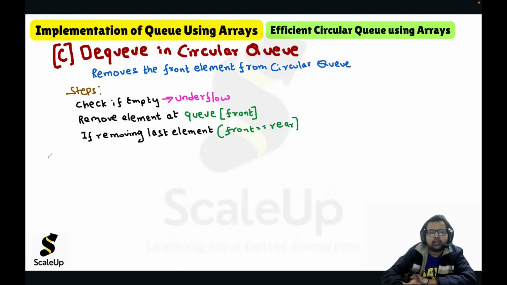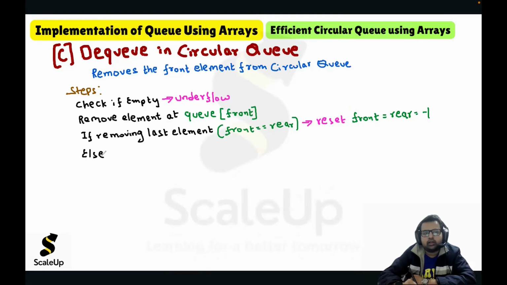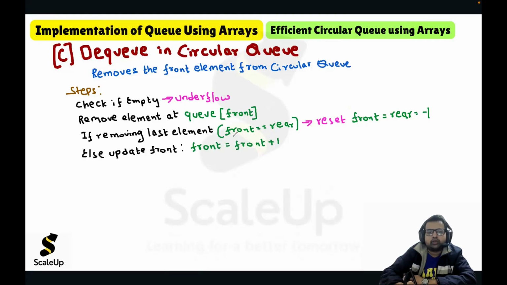And in that scenario, reset both front and rear to -1. Front is equal to rear is equal to minus 1. If you're not removing the last element, whenever we remove an element, we have to update the front. Else, update front. So in a circular queue, the update logic will have modulo arithmetic. So front is equal to front plus 1 modulo max size.